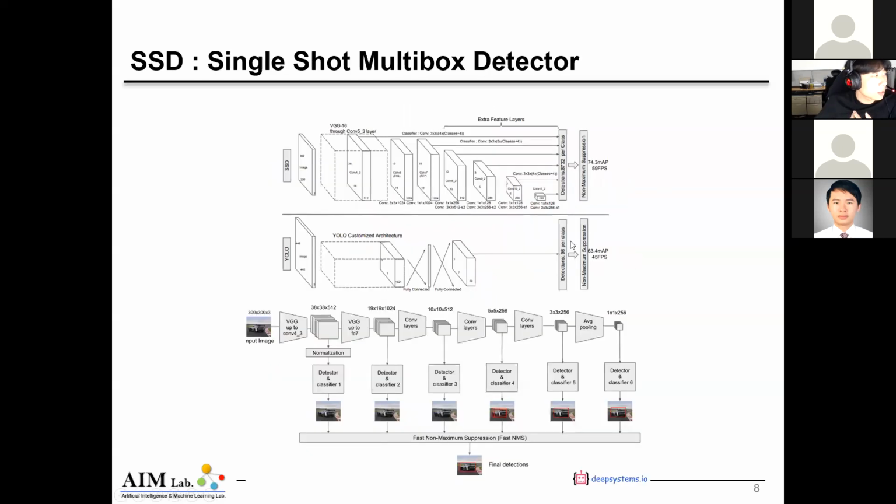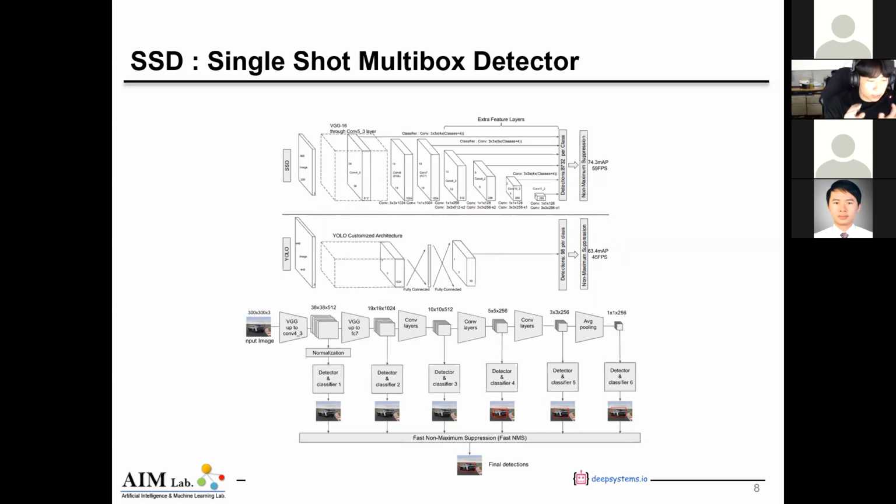So the next work is SSD, the Single Shot MultiBox Detector. They think that the problem of YOLO is that it only uses one level of features. If you do convolution with some hyperparameters, it reduces the size of the features.